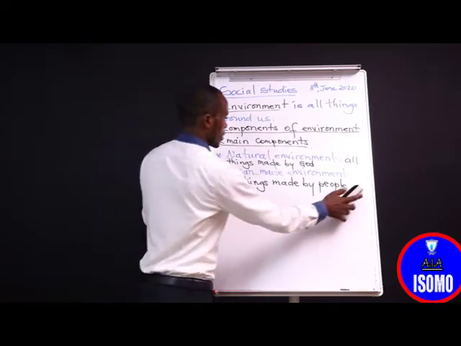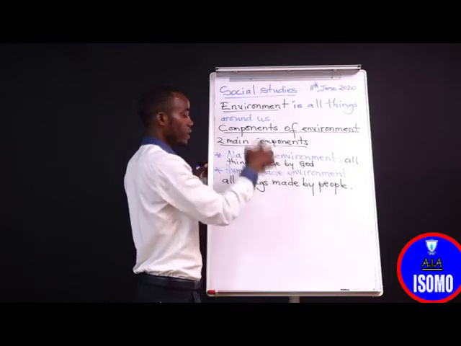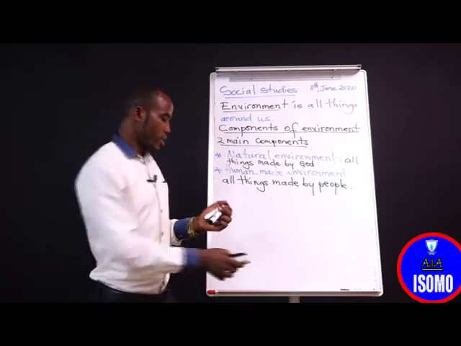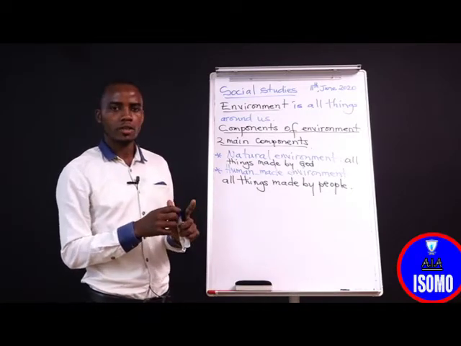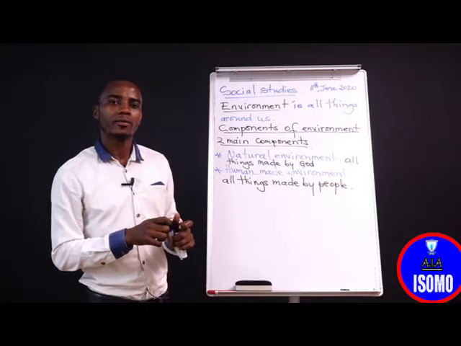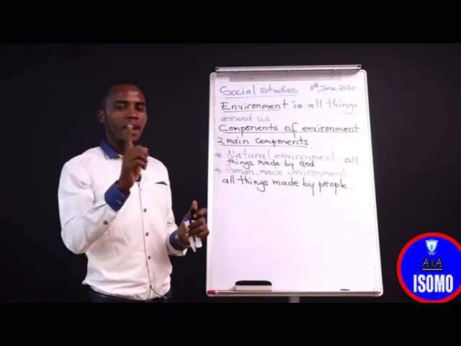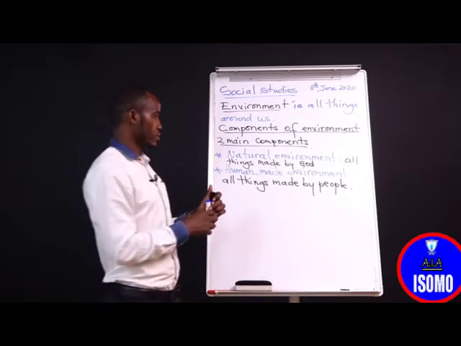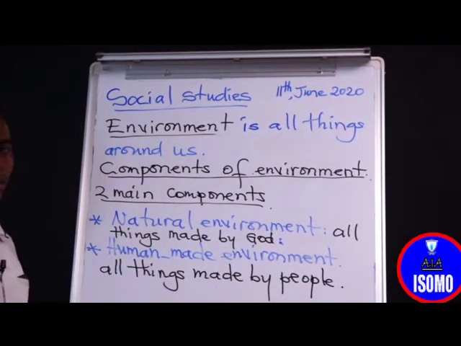If we have seen that natural environment, they are all those things made by God, what are the things made by God? Desk? No. We don't have a desk as a thing made by God. Who can give me another example?